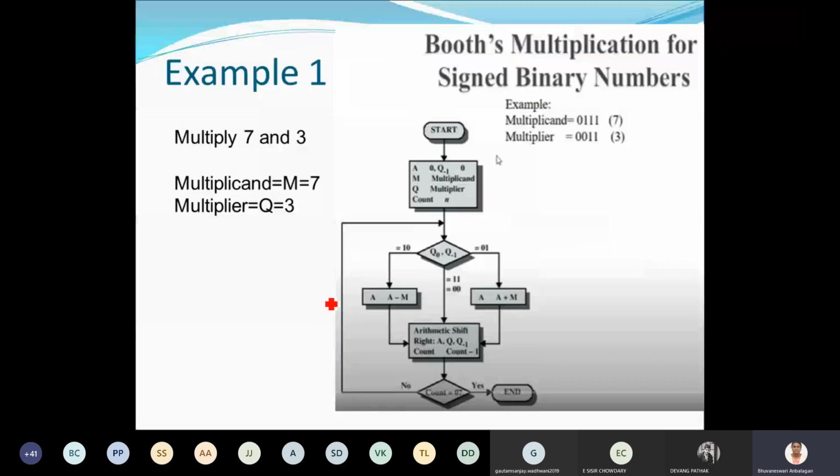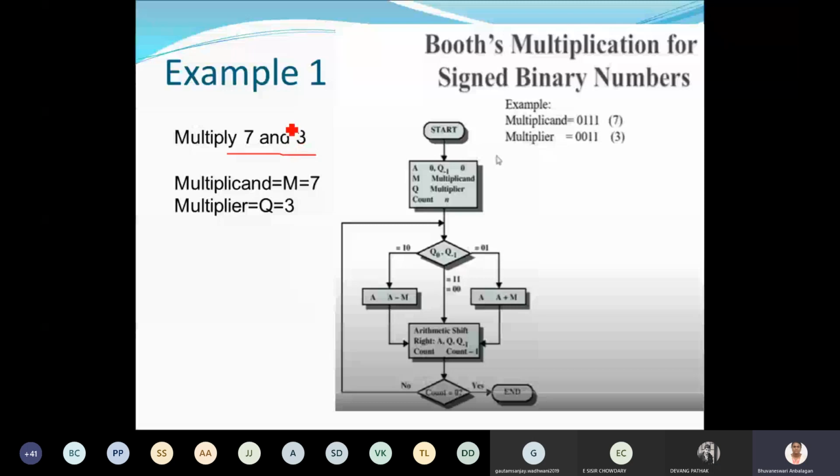Okay, so now we'll go with an example so that you will get more clarity about Booth multiplication for signed numbers. Now I'm going to multiply 7 and 3, assuming these are signed numbers, so it is positive plus 7 and plus 3.